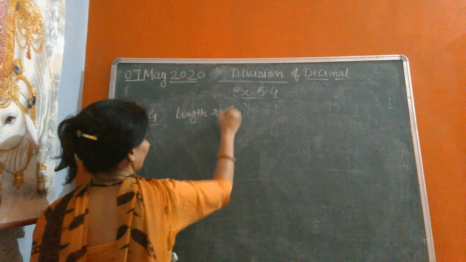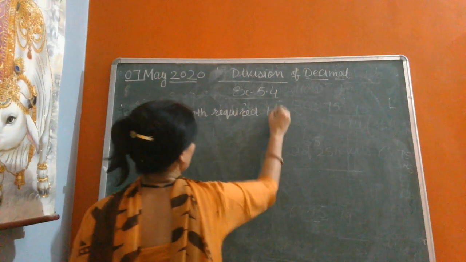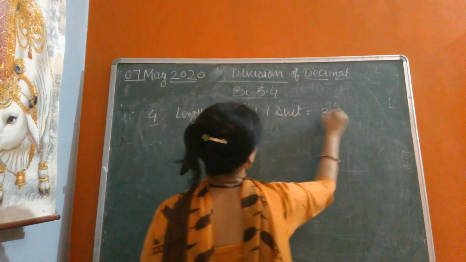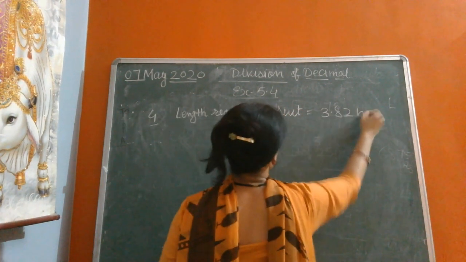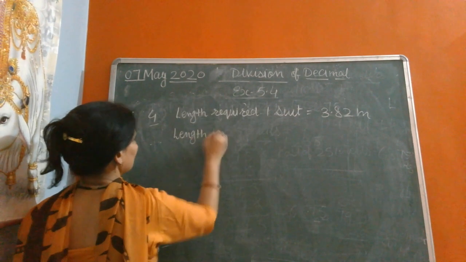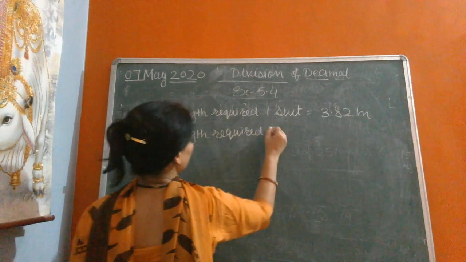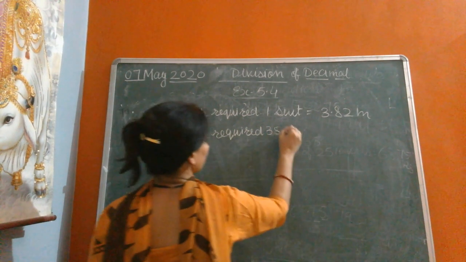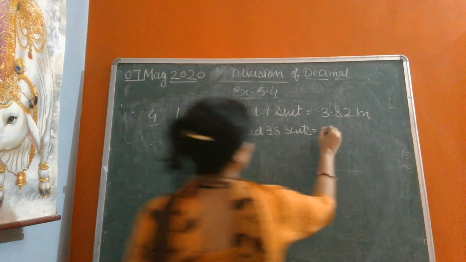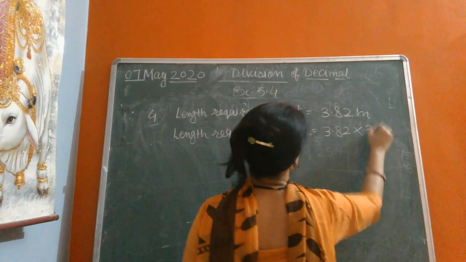Length required for one suit is 3.82 meters. Length required for 35 suits is equal to 3.82 multiplied by 35.